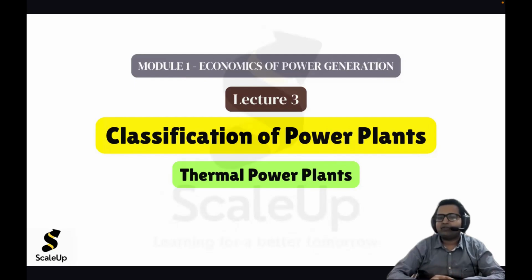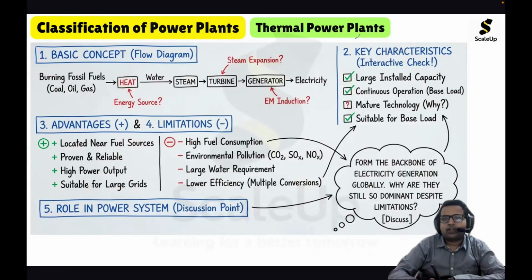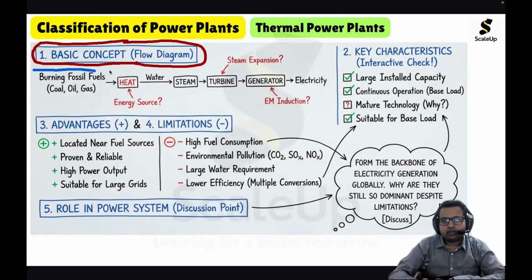We are starting with the first topic of this lecture, thermal power plants. As the name suggests, thermal power plants have to do something with heat, because thermal means heat. The basic concept involves burning of fossil fuels like coal, oil, or gas.